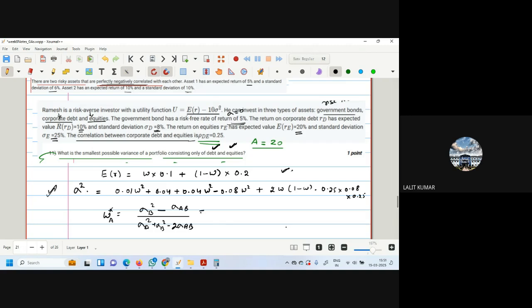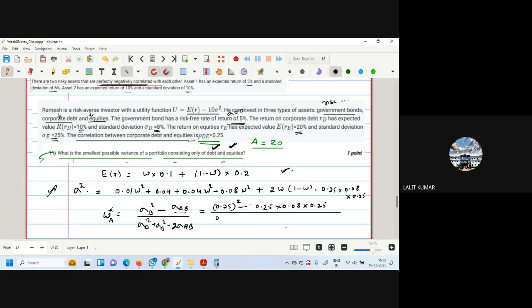So you put the values here. Sigma B is 0.25, so 0.25 square minus this, which is nothing but the correlation coefficient into this, minus 0.25 into 0.08 into 0.25, and put the values here.